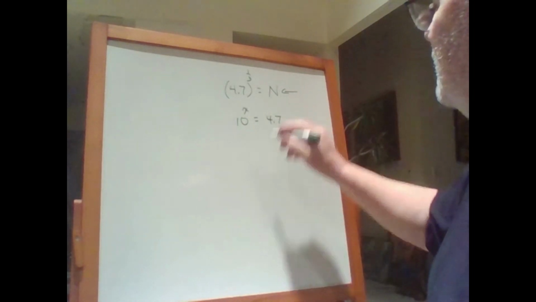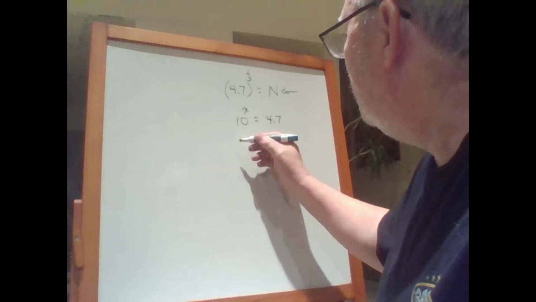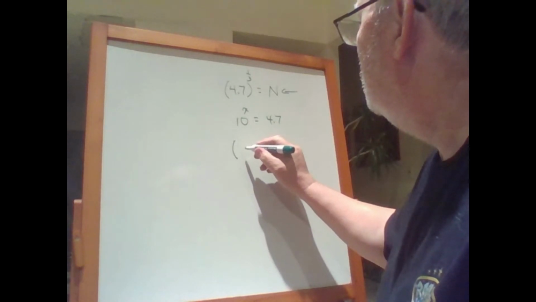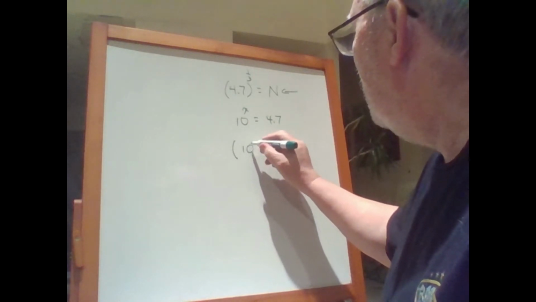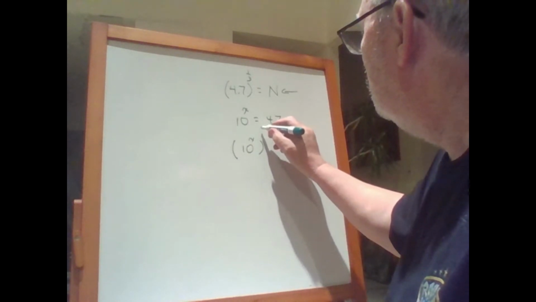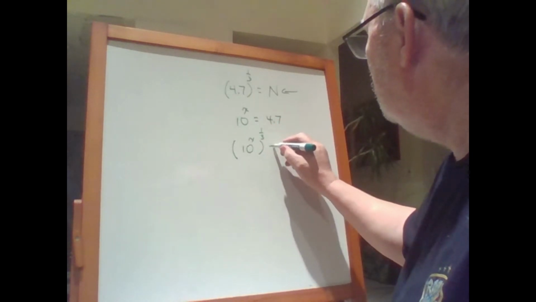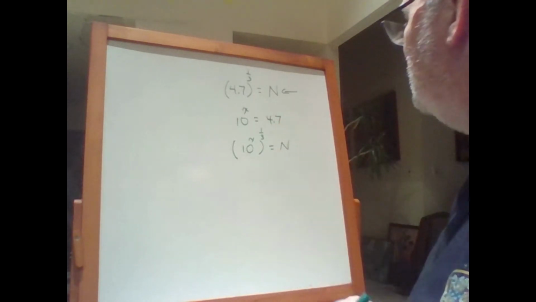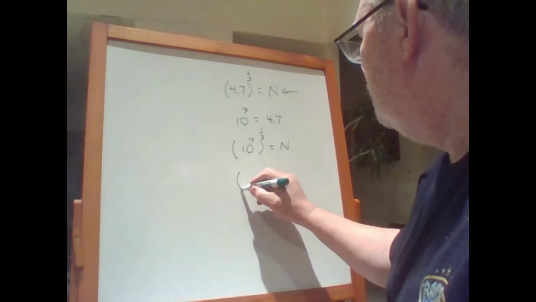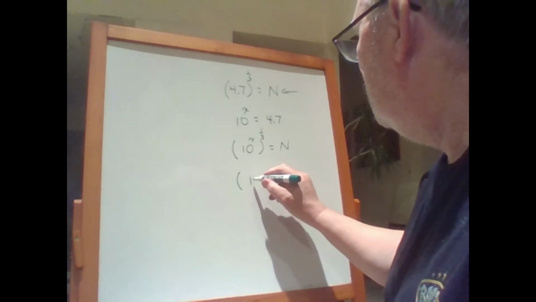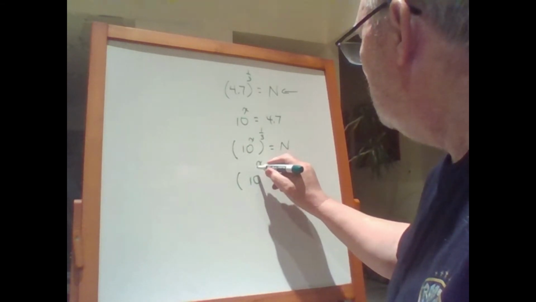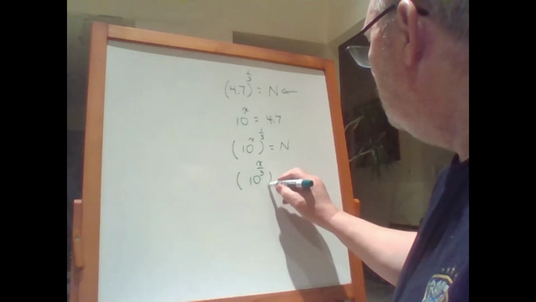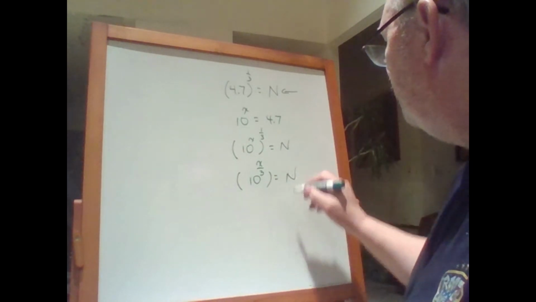So if 10 to the x equals 4.7, then 10 to the x to the third equals n. So we have 10 to the x over 3 equals n.